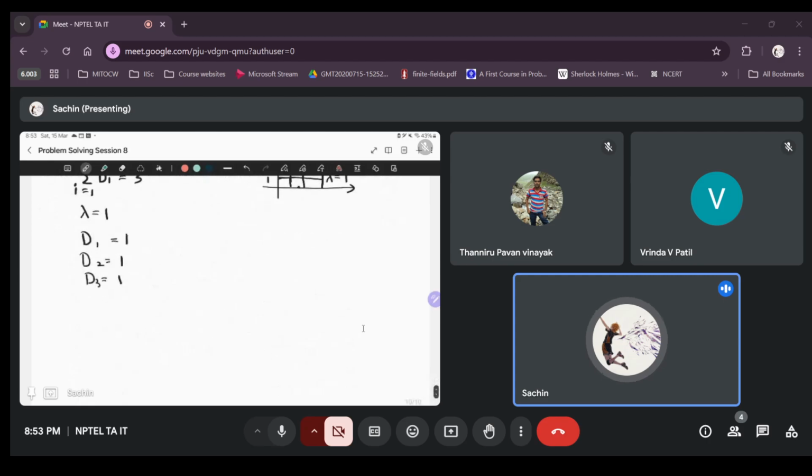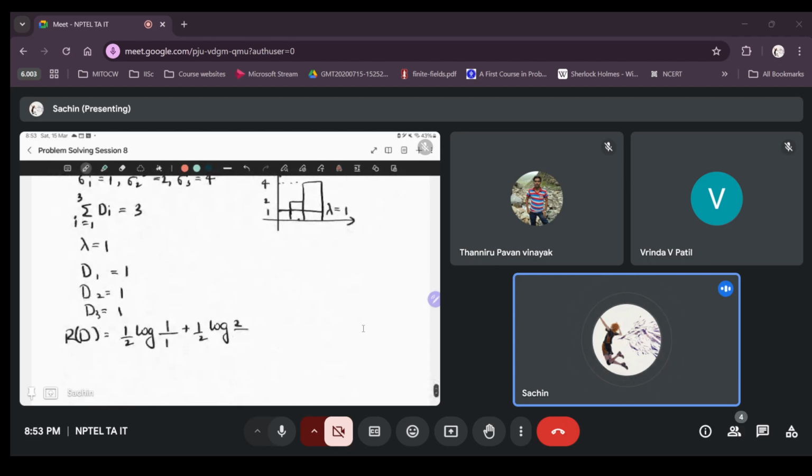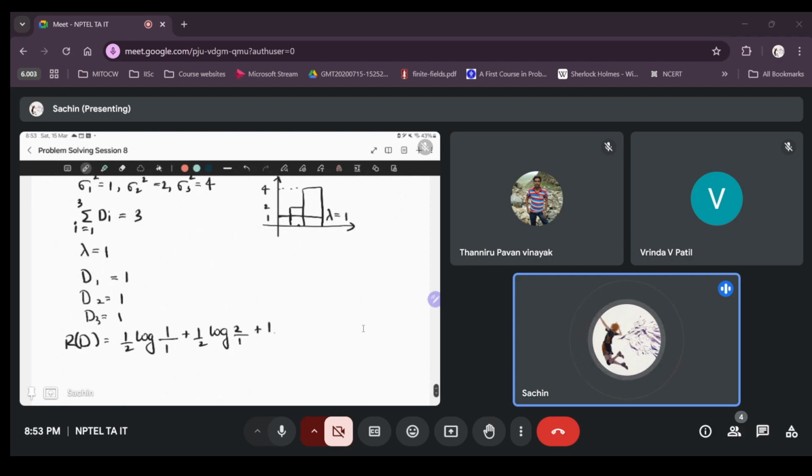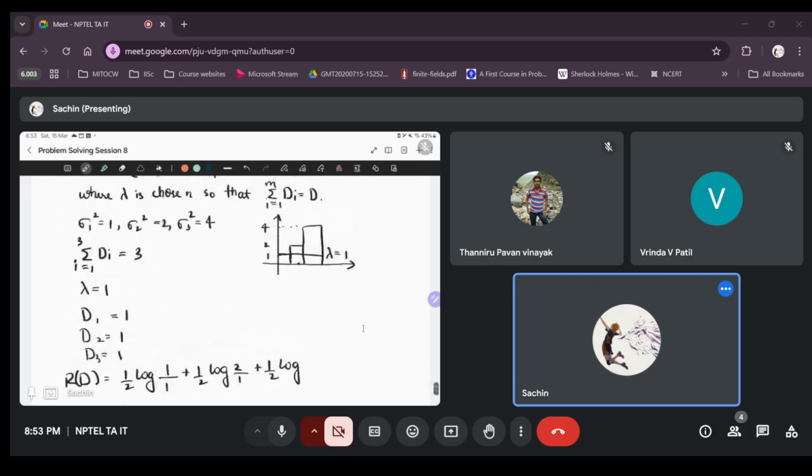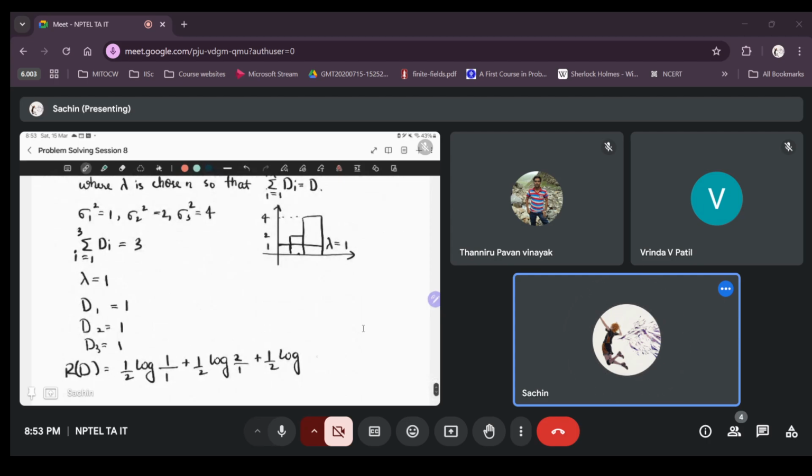Now you just have to find R of D, which is half log of sigma 1 square by D1, which is 1 over 1, plus half log of sigma 2 square by D2, which is 2 over 1, plus half log of sigma 3 square by D3. Sigma 3 square is 4.